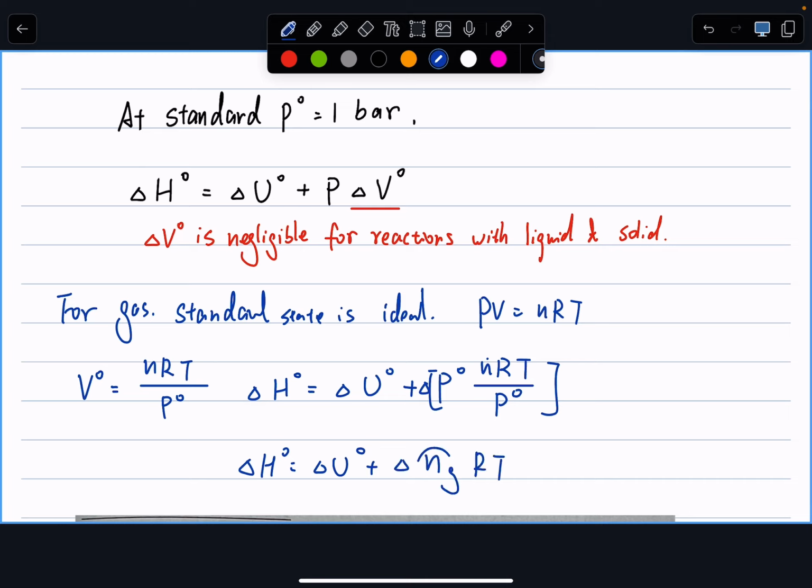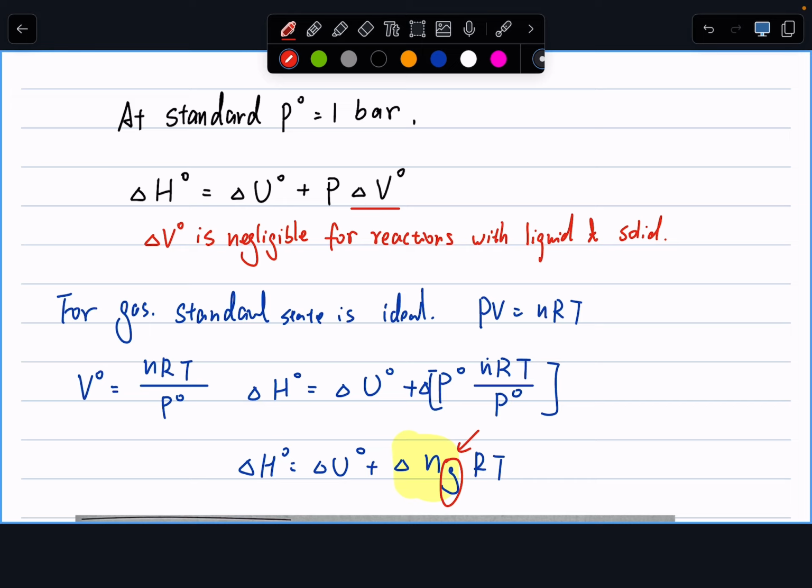Note that the little g here represents the number of moles of gases. Since it's ideal, it doesn't matter what the identity of the gas is. It only matters when you have, like, 1 mole of gas going to 3 moles of gas. Or in this case, we have 2 moles of gas going to 2 moles of gas, so the delta n_g is effectively 0, right? So it depends on the nature of the reaction.